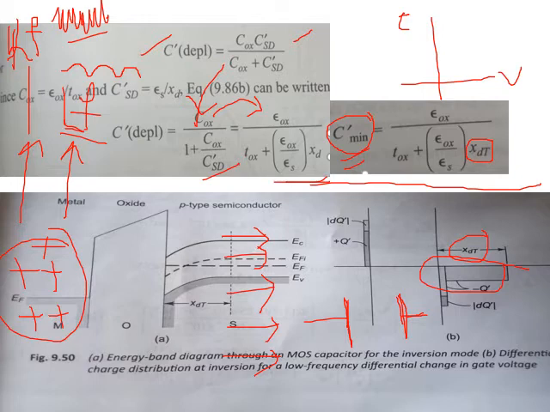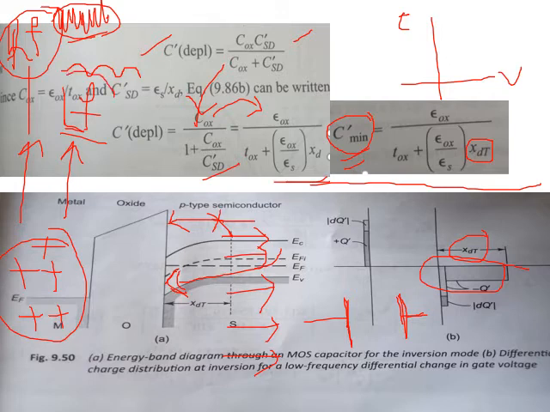When the signal is changing very quickly, the electrons cannot be attracted very quickly here. Why? Because they are the minority carriers, and they require some time to be attracted. So when I am changing the signal very quickly, at high frequency, more electrons cannot come here at the junction. That is one case.